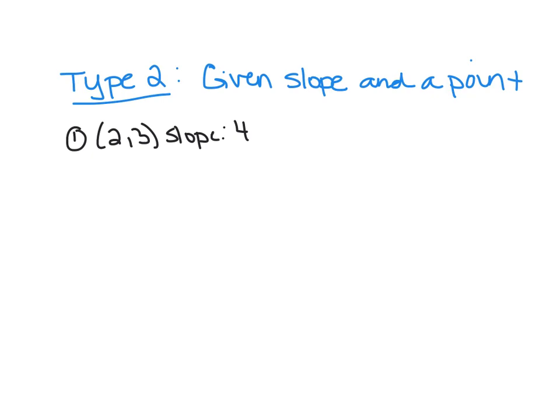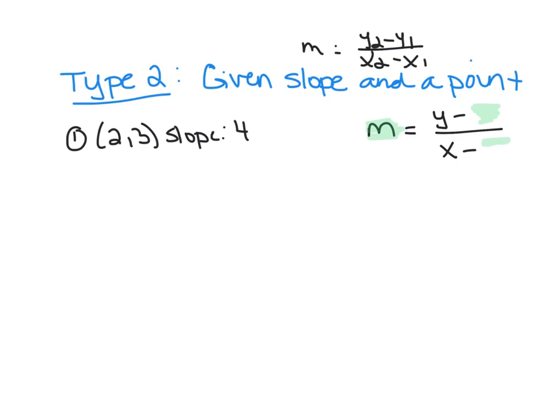You use the slope formula, except instead of doing the whole y2 minus y1, x2 minus x1, you do slope equals y minus y1 over x minus x1. And then you fill in the slope, and then you have to fill in these two places every time. And I promise you, once you figure it out, it's the same thing over and over.